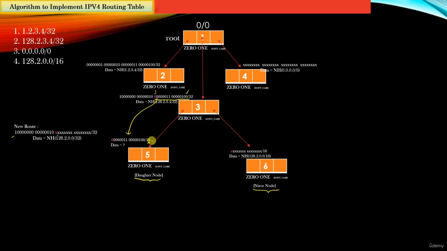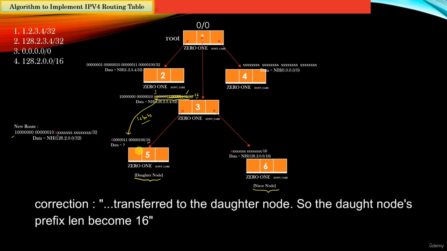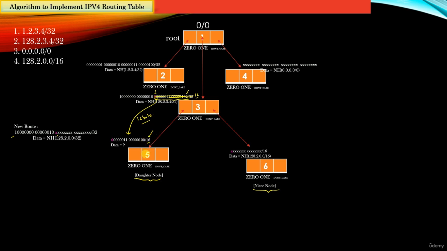As we are transferring 16 bits from the parent node's effective prefix to the daughter node's effective prefix, the parent node's effective prefix would be shrunk by 16 bits. So the new prefix length of the parent node would become 16, because the latter part of the 16 bits has been transferred to the daughter node. This is the first thing.